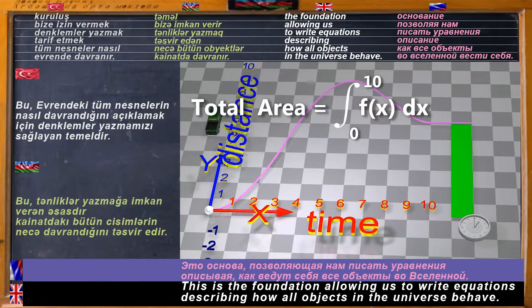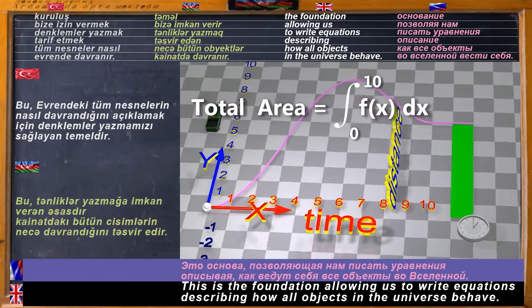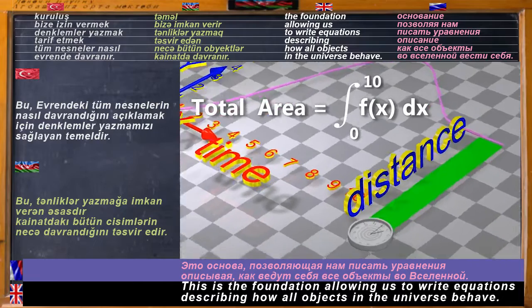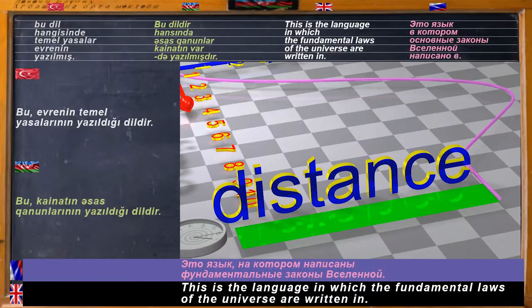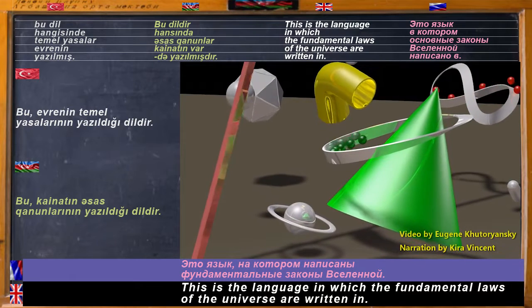This is the foundation allowing us to write equations describing how all objects in the universe behave. This is the language in which the fundamental laws of the universe are written.